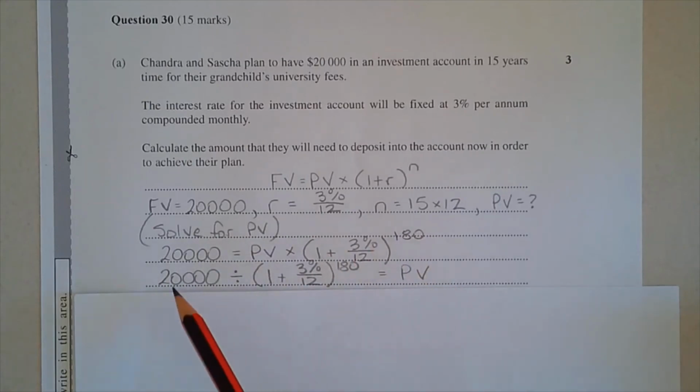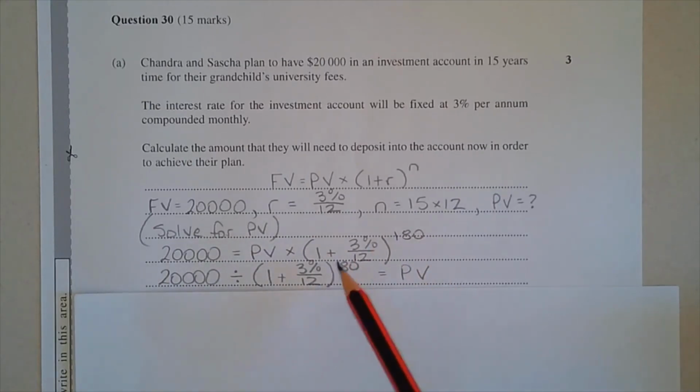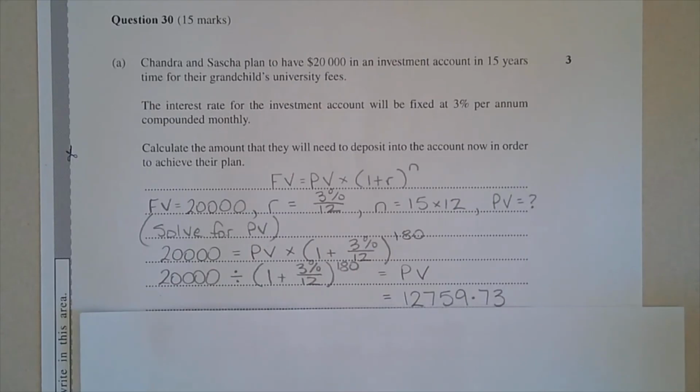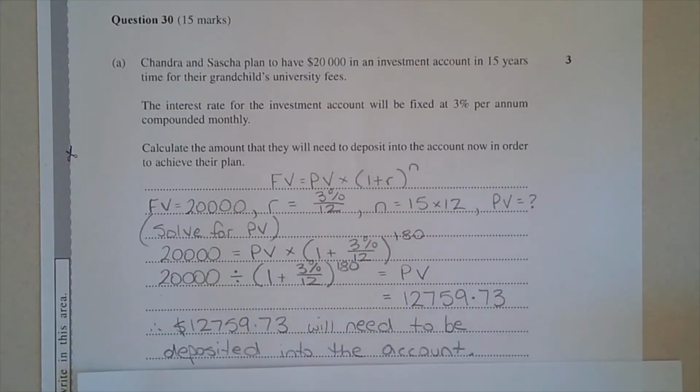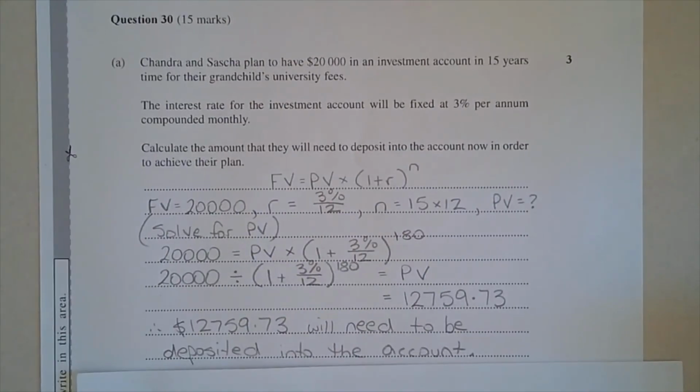So that's 20,000 divided by (1 plus 3% over 12) to the power of 180 equals PV. And evaluating the left-hand side, we get the present value equals $12,759.73. And that's the amount that will need to be deposited into the account now in order to have a future value of $20,000.